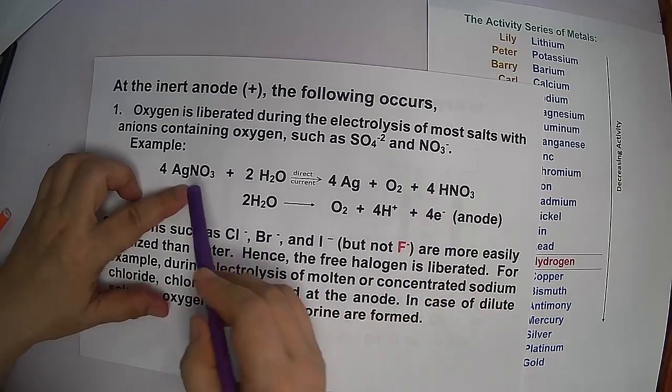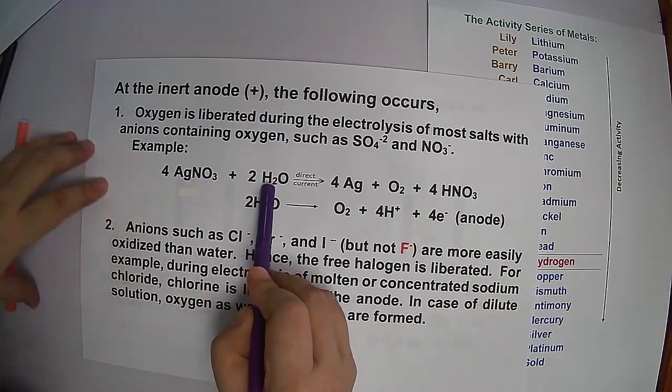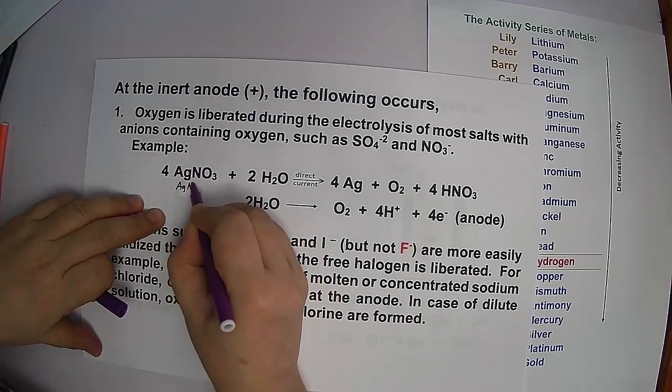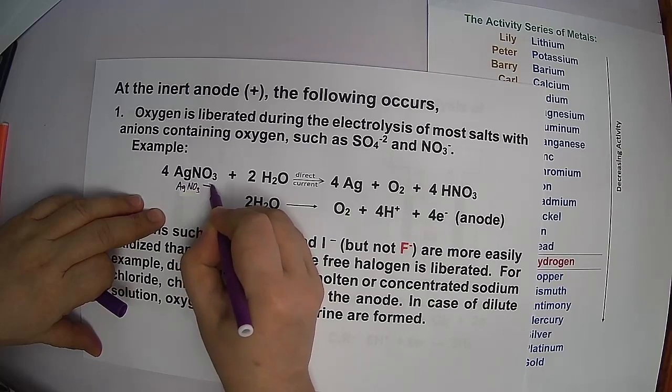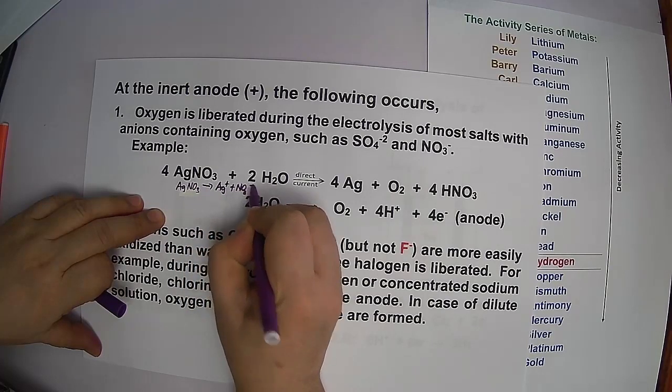Okay, since silver nitrate is very soluble in water, it will undergo ionization into the silver ion and the nitrate ion.